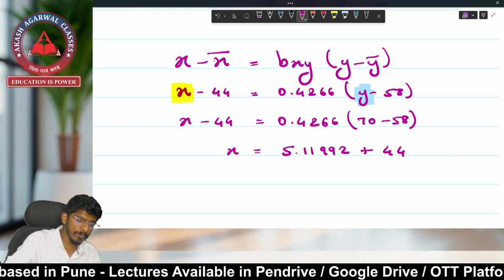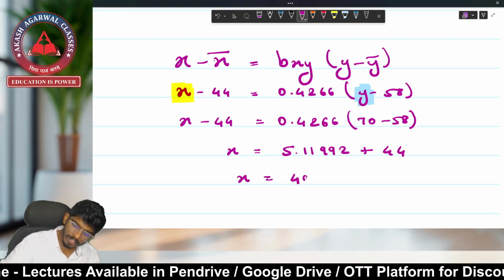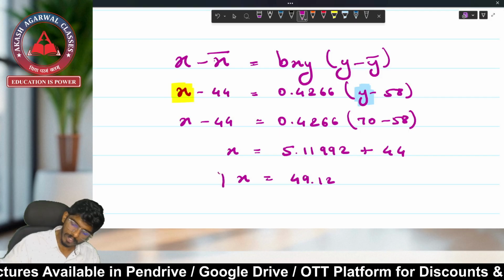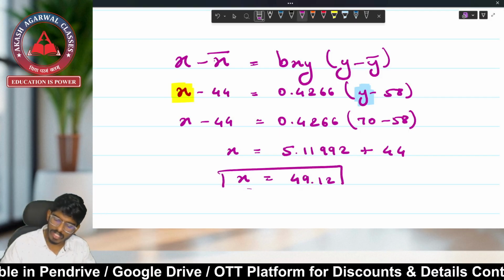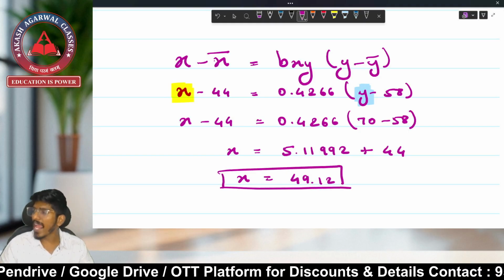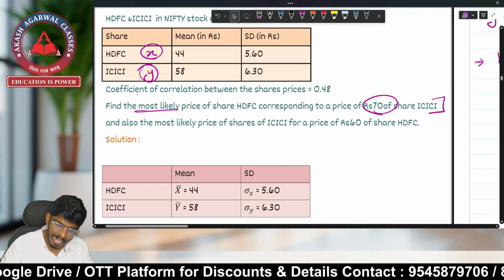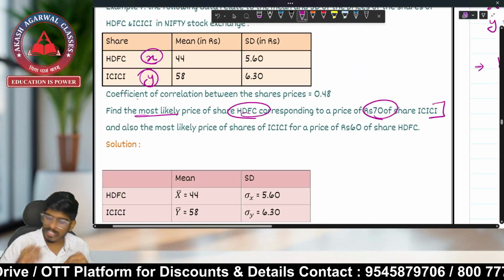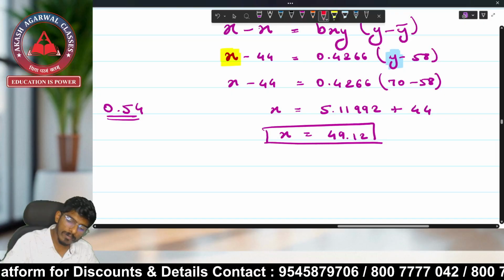If we add 44 to this, my X's value is going to be 49.12. So when the share price of Y, that is ICICI, is 70, at that time HDFC's value is going to be 49.12.